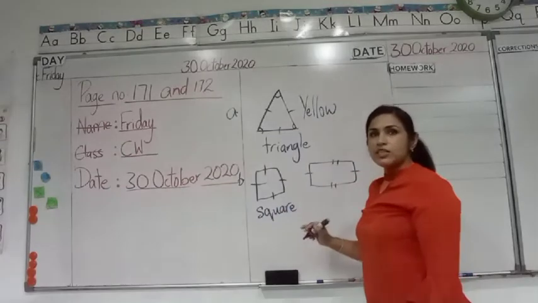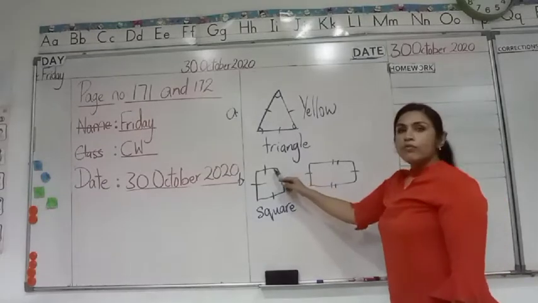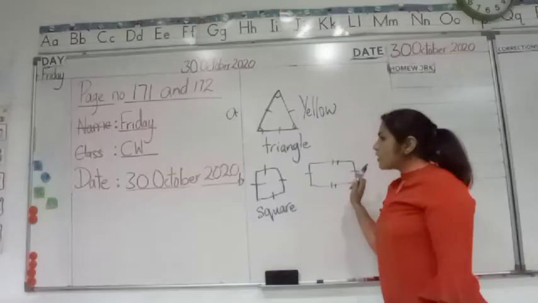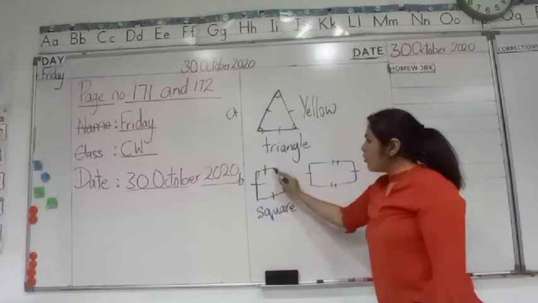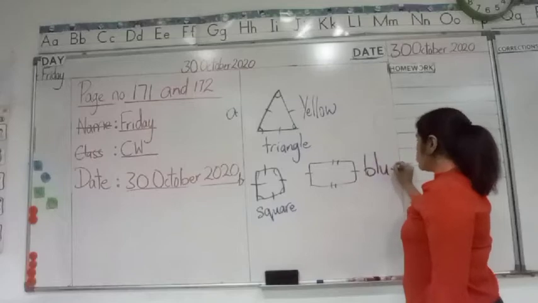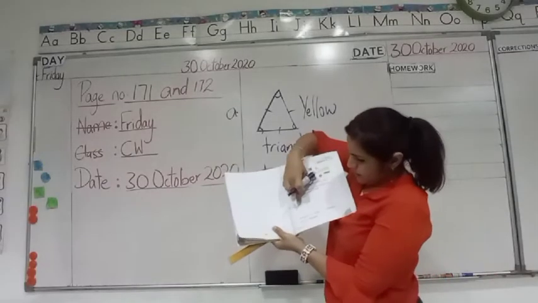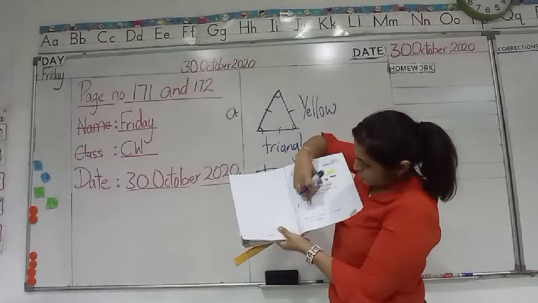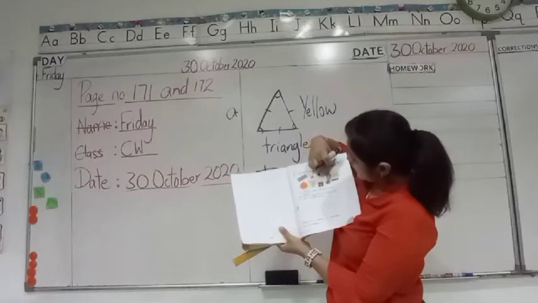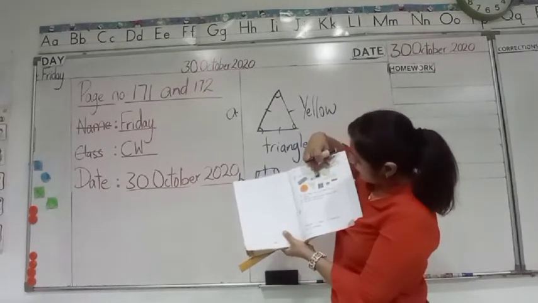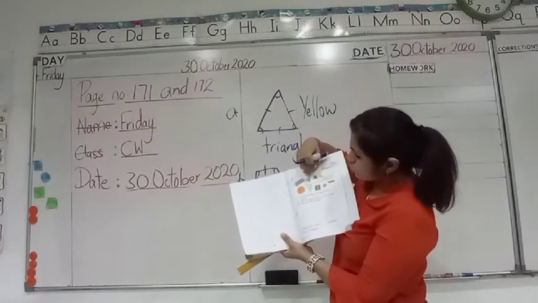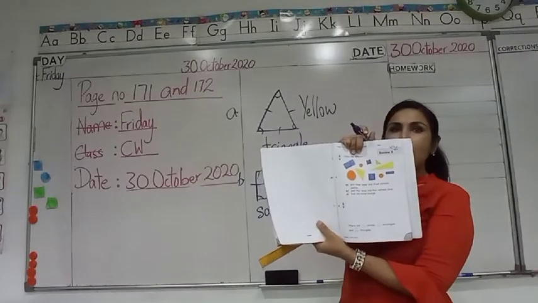They did not say anything. They just said color the shape which has 4 sides and 4 corners. So color them blue. So you have here one big rectangle and one small rectangle, one big square and one small square. So you have here 2 squares and 2 rectangles, color them blue.